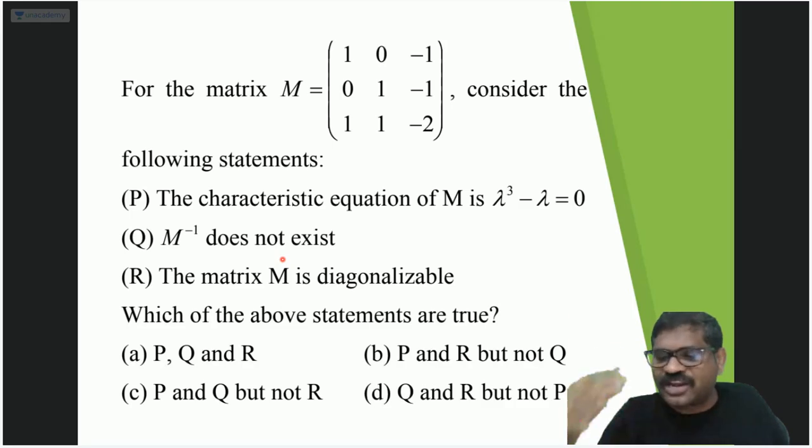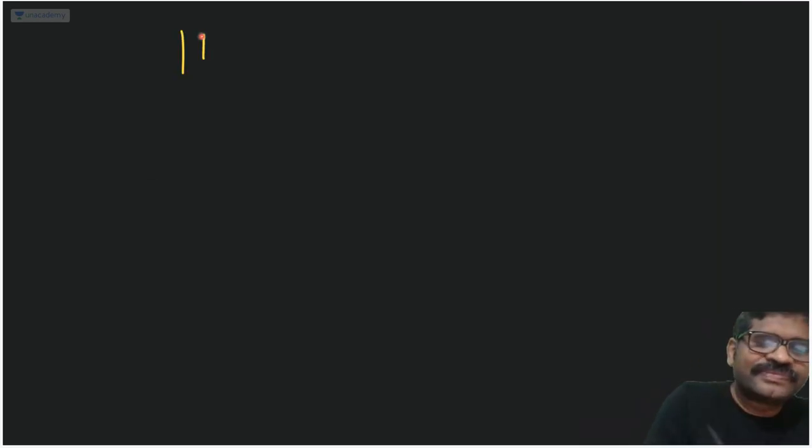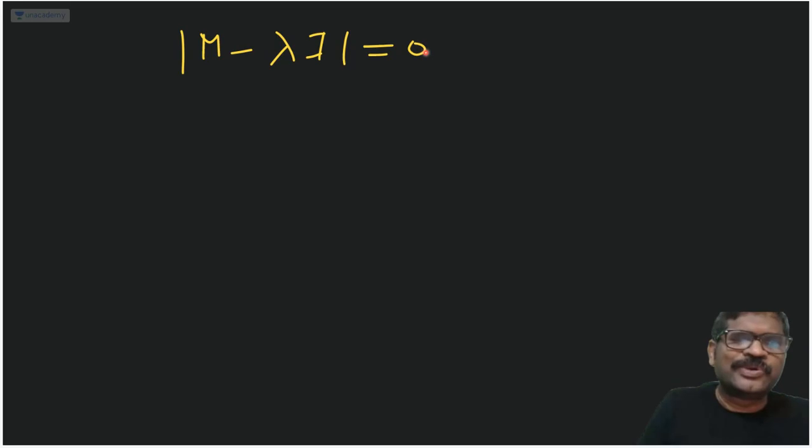If you calculate eigenvalues, you will get the clarity. Okay? Right. Determinant of M minus lambda I equal to 0.